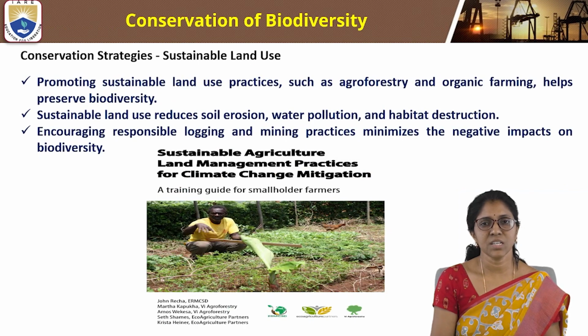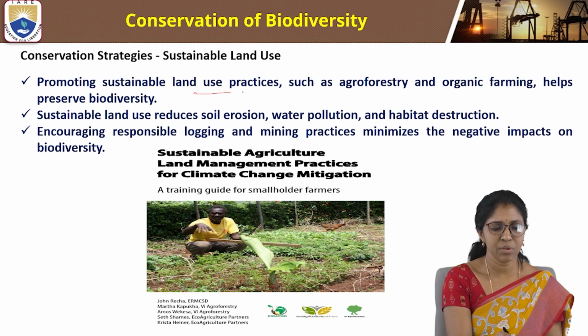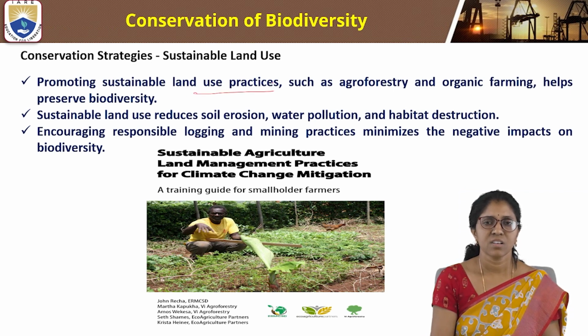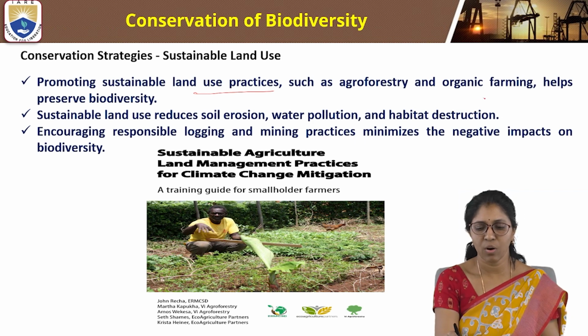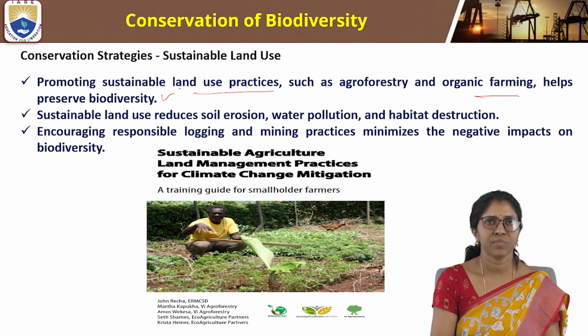The second one is sustainable land use. Promoting sustainable land use practices such as agroforestry and organic farming helps preserve biodiversity.